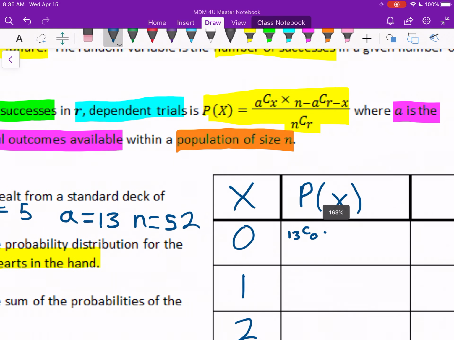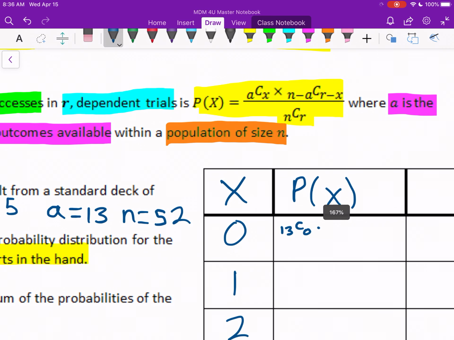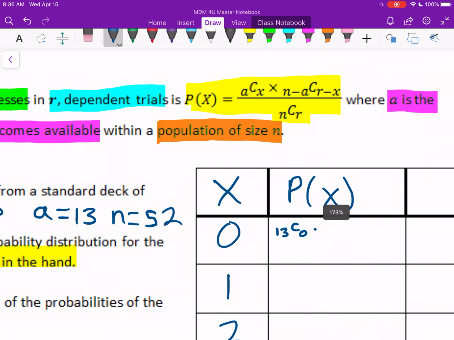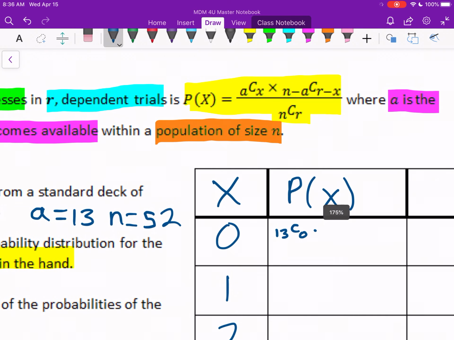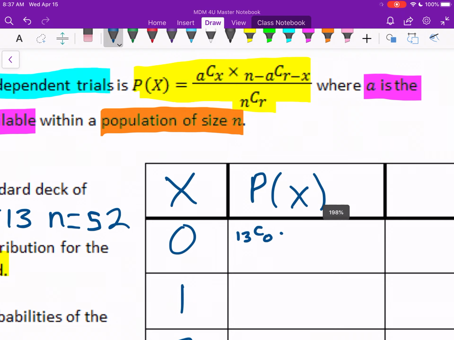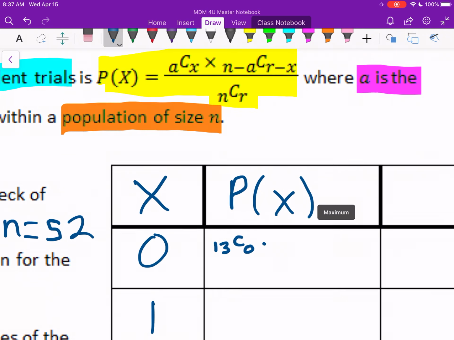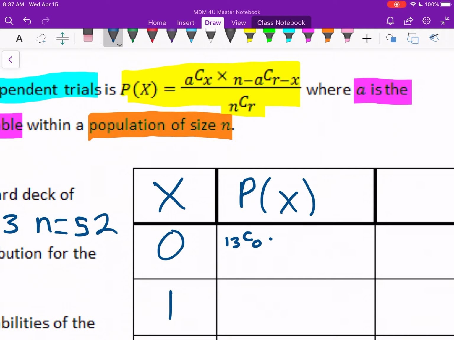How many failures? Well, if I'm doing 5 trials, 5 cards, then I need to get 0 successes and 5 failures. So N minus A is the number of possible failures there are. Out of a deck of 52, there's 39 possible failures.